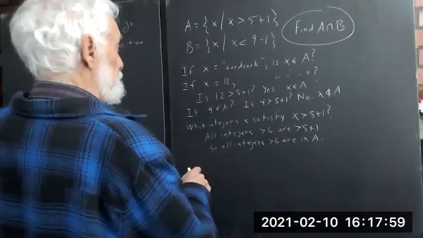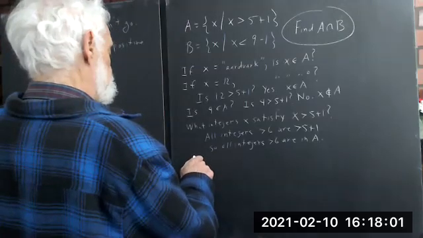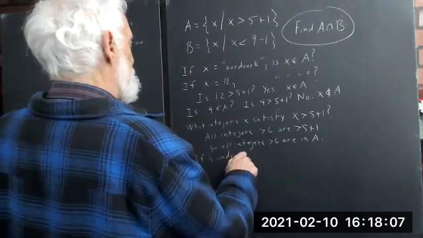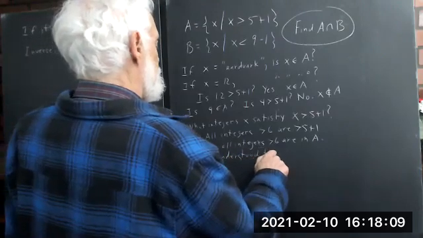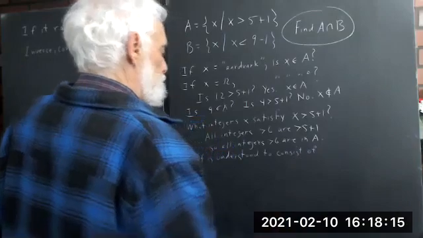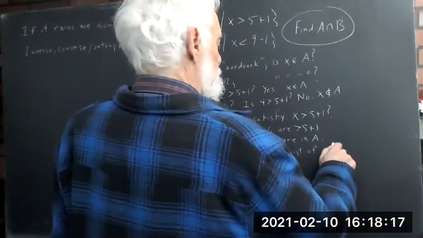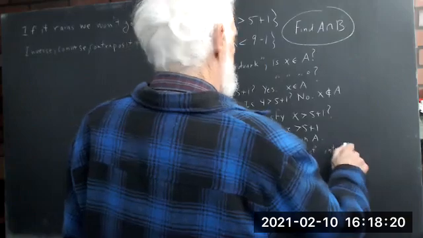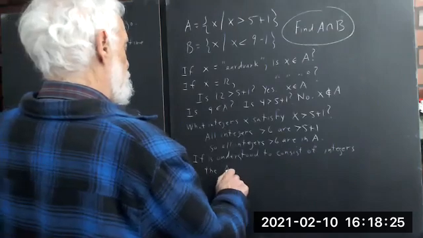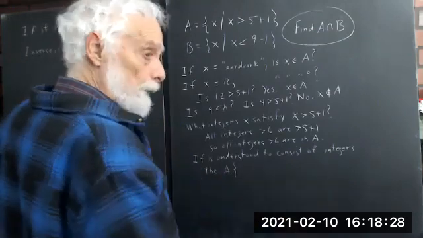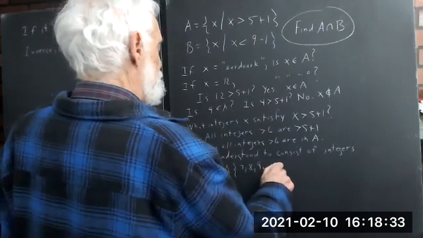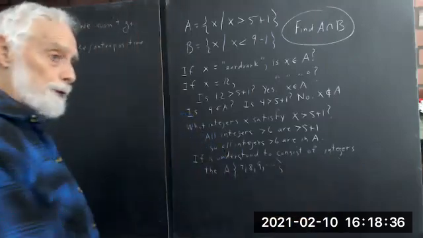So if A is understood to consist of integers, then A is the set of all integers greater than 6, which is 7, 8, 9, etc. It's an infinite set.